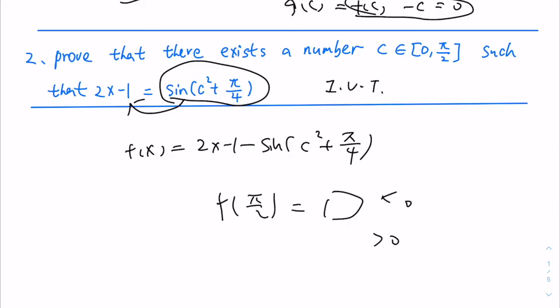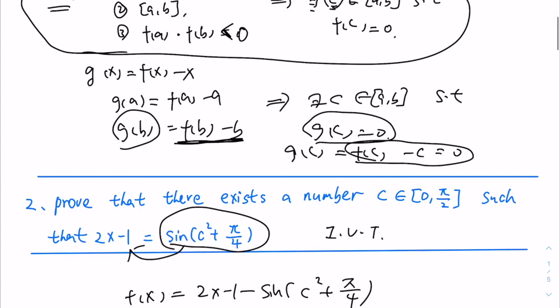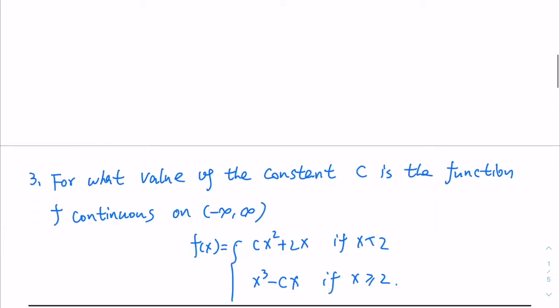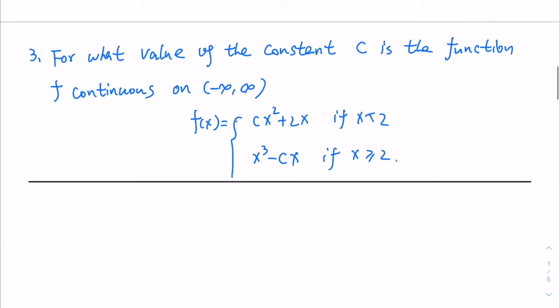If f of pi over 2 is positive and f of 0 is negative, or the other way around, as long as they have different signs, then we can just use the conclusion of the IVT. That means there must exist a number c in this interval such that f of c is 0. That means the left side and the right side are equal to each other. So you can see the basic idea is pretty similar, just that this is an application of the IVT.